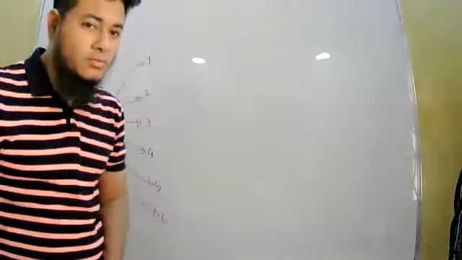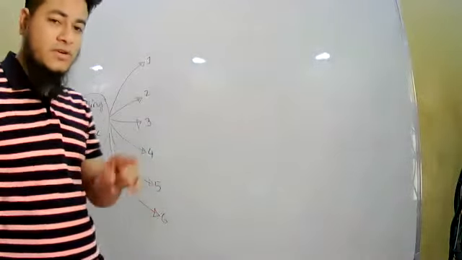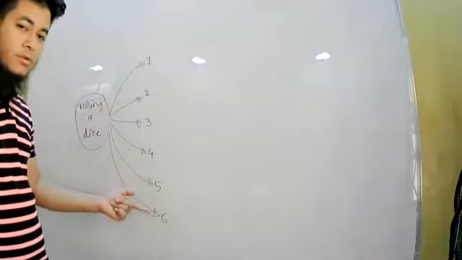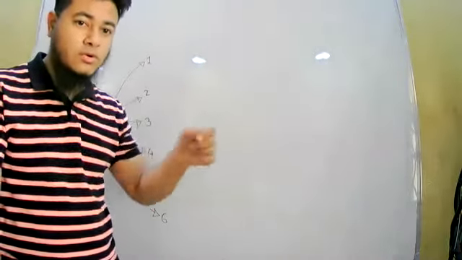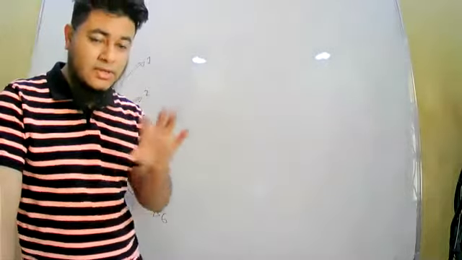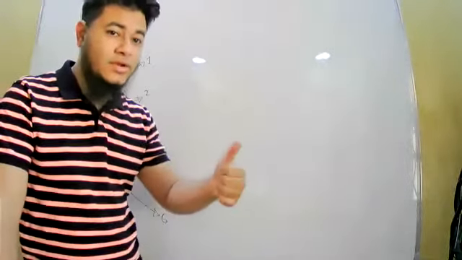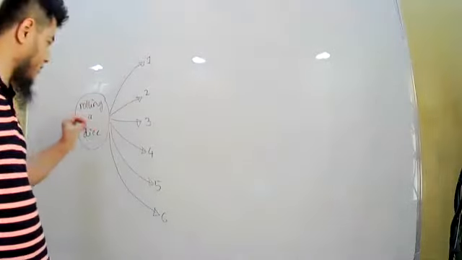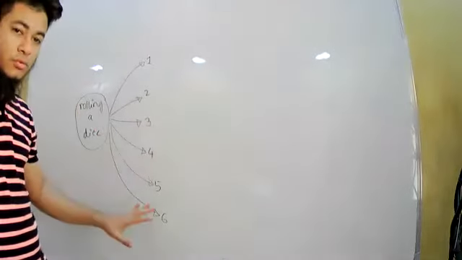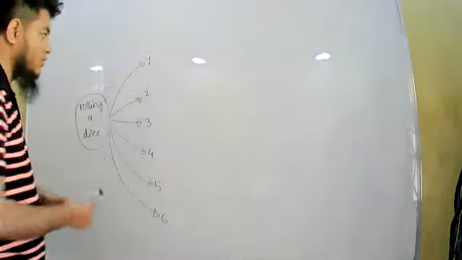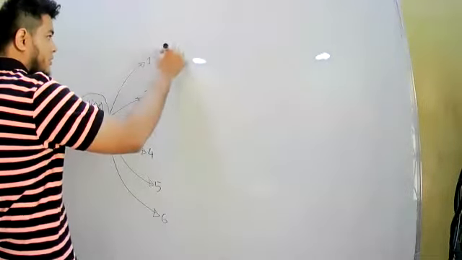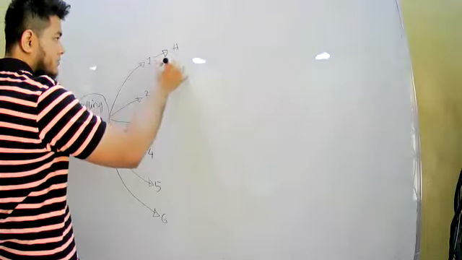Then the probability will look like, at first they told you to throw the dice, so there will be 6 possible outcomes. Then if they tell you that you have tossed a coin, the serial is important. If they are telling you that you have thrown a dice first, then first these 6 outcomes will be there, and then you are tossing the coin. So the probability tree will look like this.